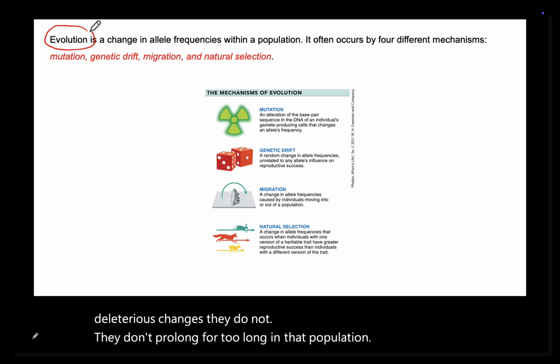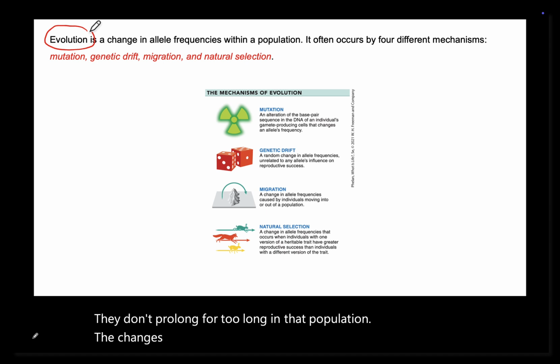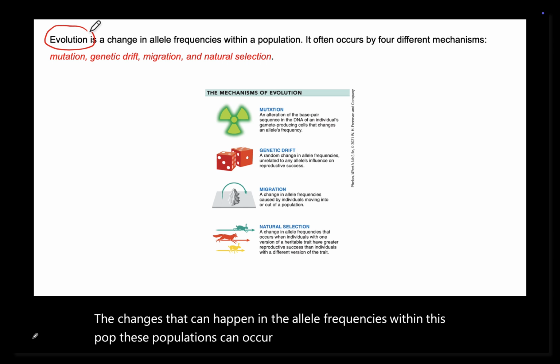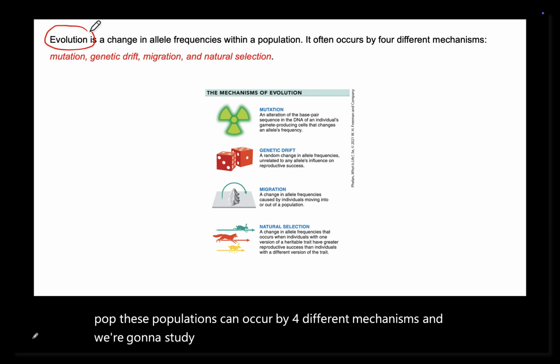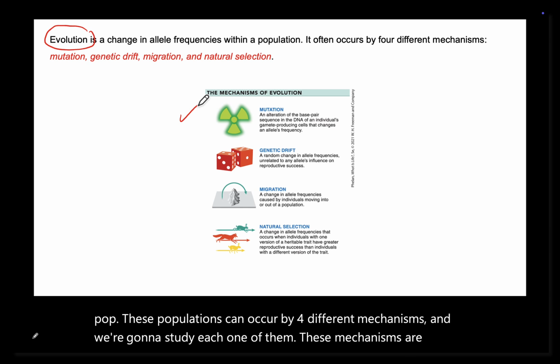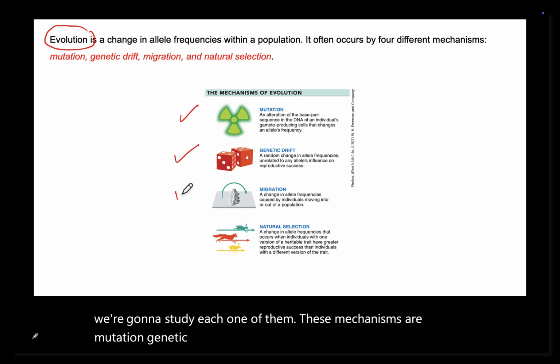The changes that can happen in the allele frequencies within these populations can occur by 4 different mechanisms, and we are going to study each one of them. These mechanisms are mutation, genetic drift, migration, and natural selection.